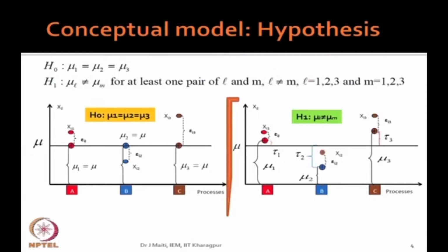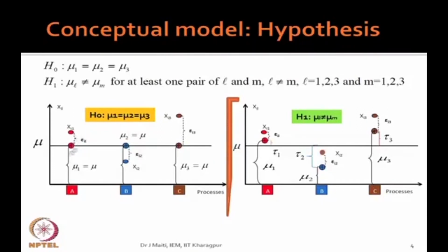Now, let us see what other parameters are available here. You see the left hand side again, there is another parameter which is epsilon i1, this one. This is the error quantity.